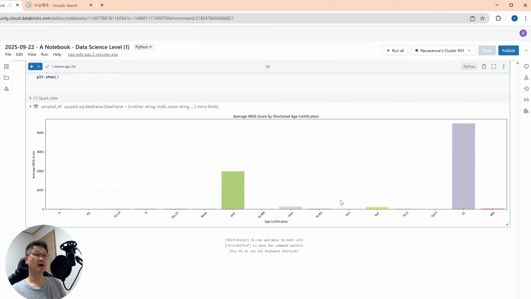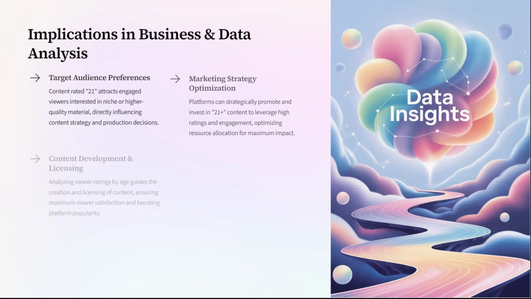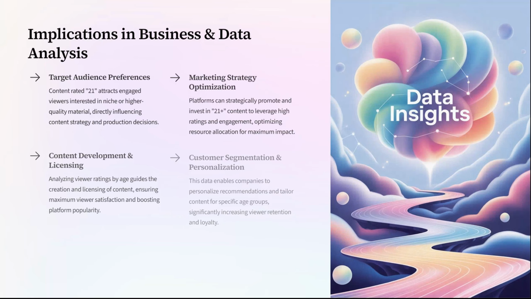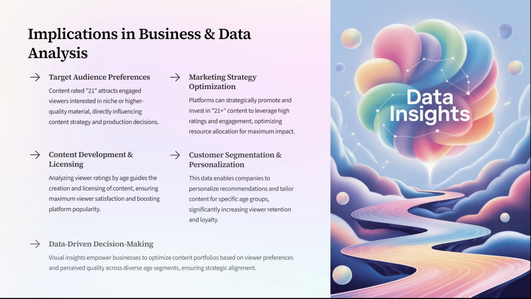The longest bar in height, representing the highest average score, suggests the content rated 21 is perceived more favorably by viewers. Here are the applications in business and data analysis. First, the target audience preference in content.